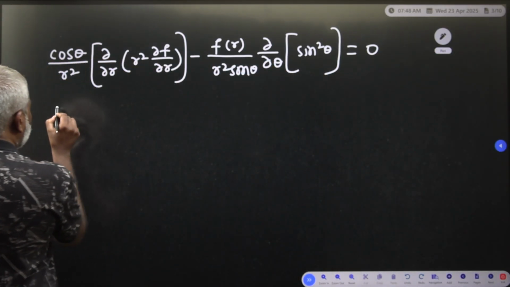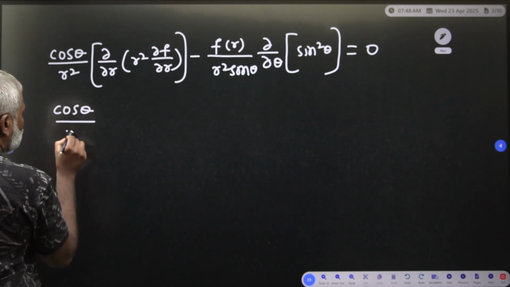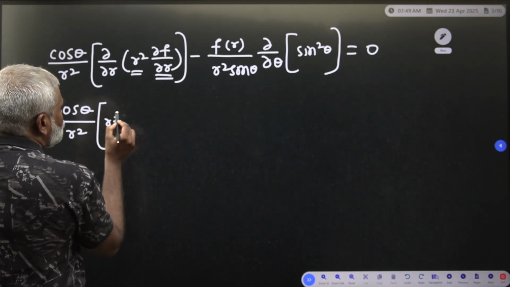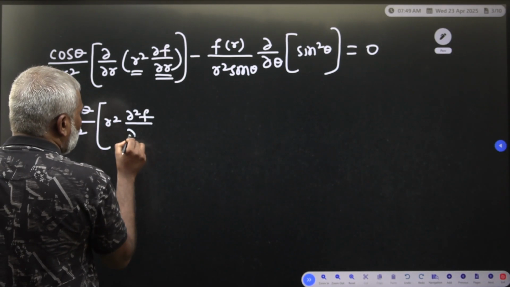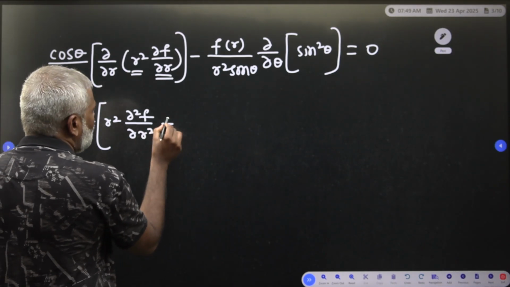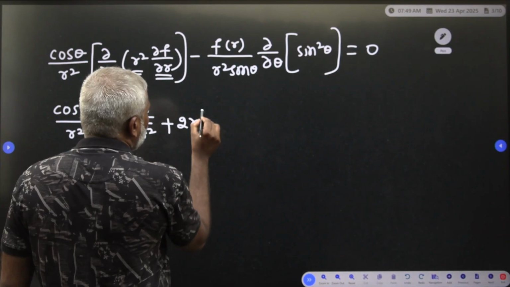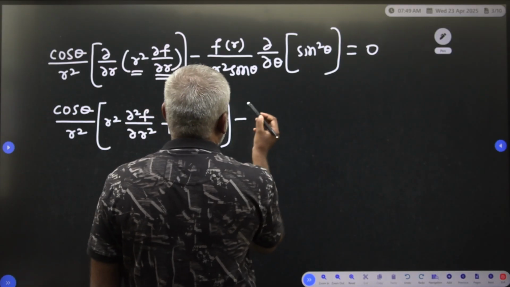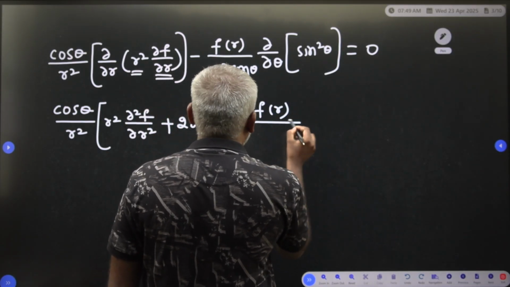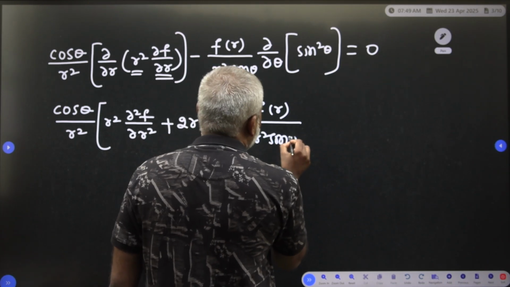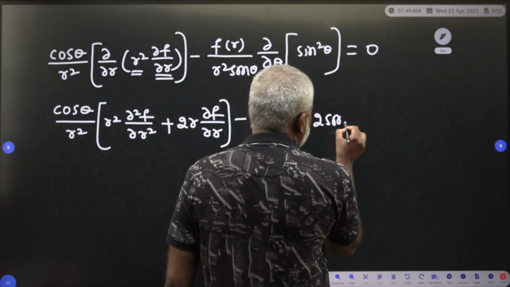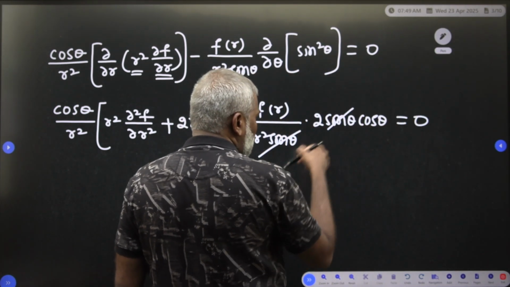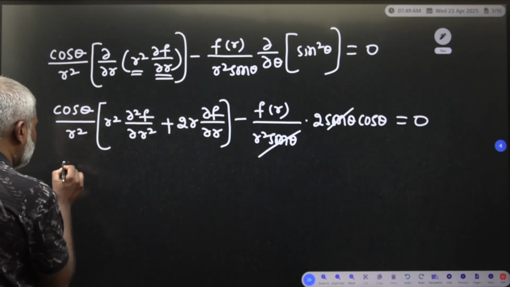So therefore you have to take here cos theta by r square into, using uv differentiation, r square into ∂²f(r)/∂r² plus 2r into ∂f(r)/∂r minus f(r) divided by r square sin theta into 2 sin theta cos square theta differentiation, which is equal to 2 sin theta cos theta, sin theta gets cancelled.